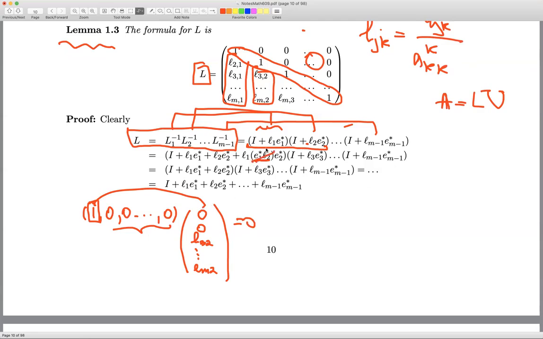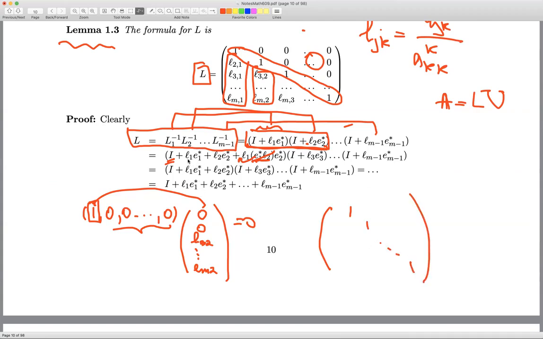The fact that this product is the number 0 means that it can go out and will make the whole matrix 0. Therefore, the product of the first two matrices right here is the matrix I plus L1 E1 star plus L2 E2 star. Let me remind you that if we look at the first product, I will have the identity matrix and so on.